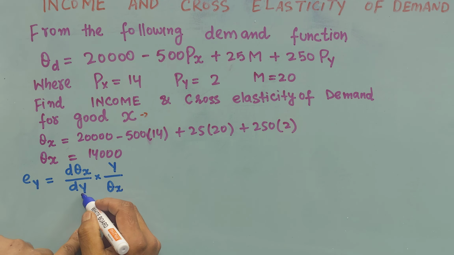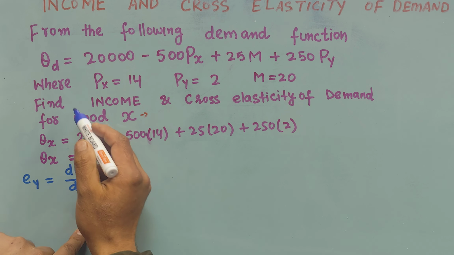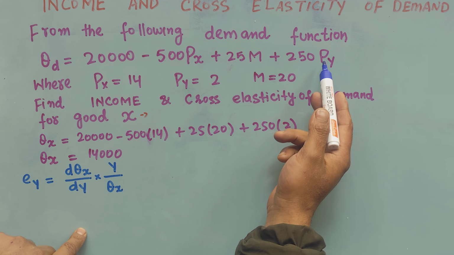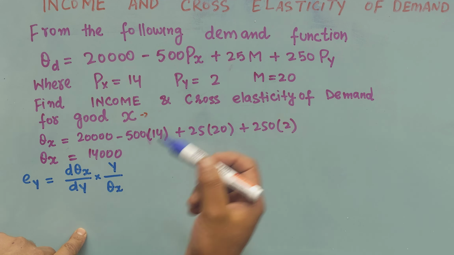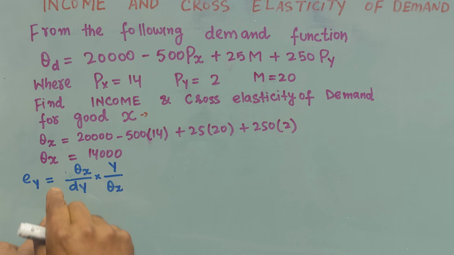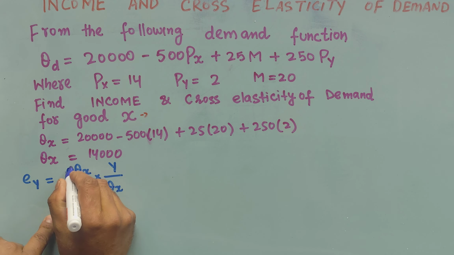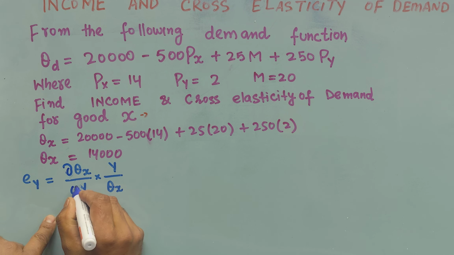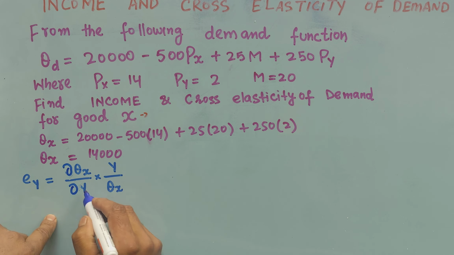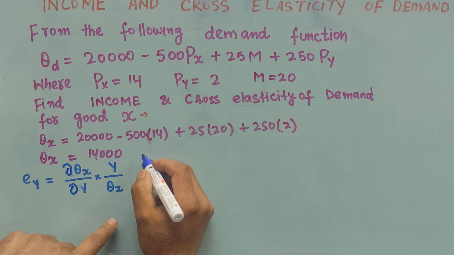So dQx upon dY means the derivative of this function with respect to Y. Rather, we have to take partials here because we have 2, 3 variables. So del Qx upon del Y means the partial derivative of this function with respect to income.